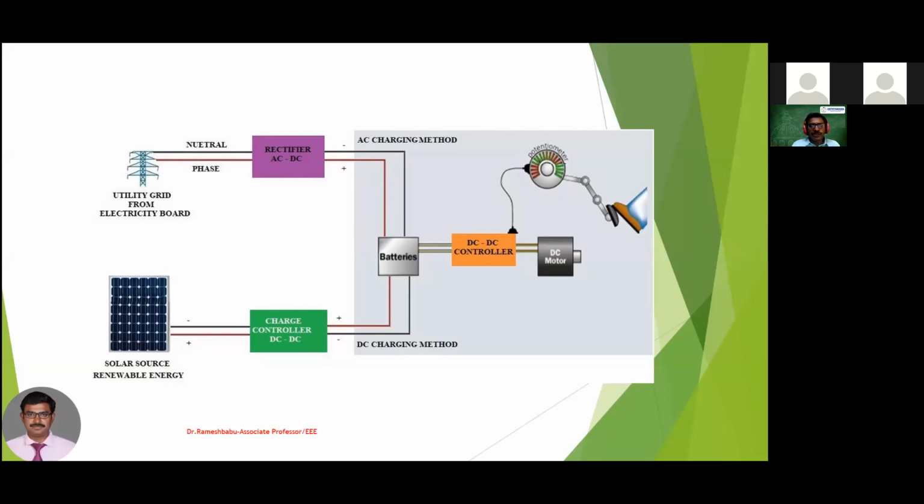The solar energy will be converted into variable DC, then charged to the battery. Okay. Because I'm using a DC motor, I need a DC supply to operate it. So it is a DC system based electric vehicle.